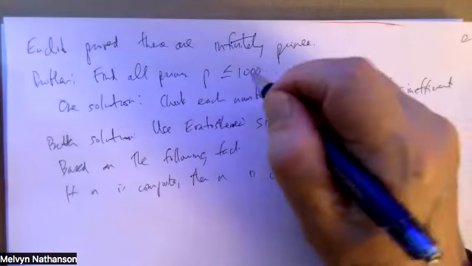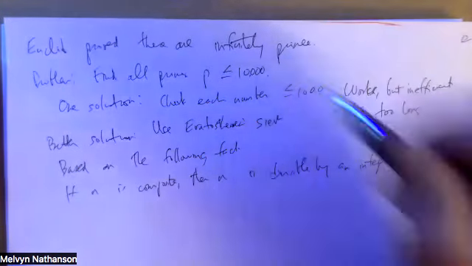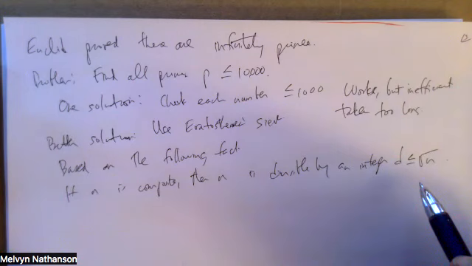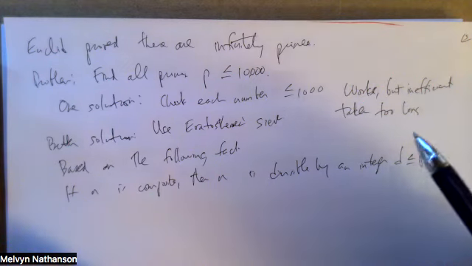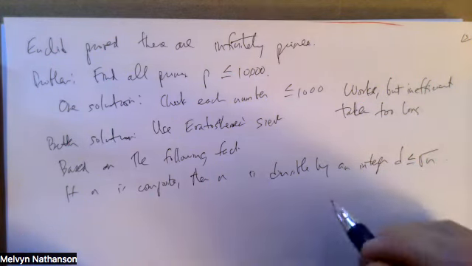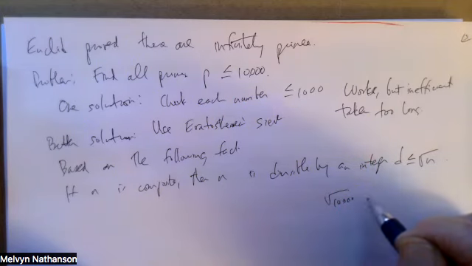So let's say you wanted to find all the primes up to 10,000. You take a number up to 10,000, you might have to divide it by all the numbers up to 10,000. But the square root of 10,000 is 100.